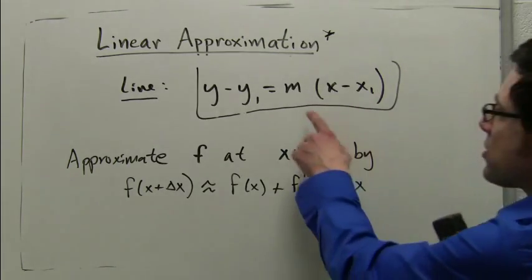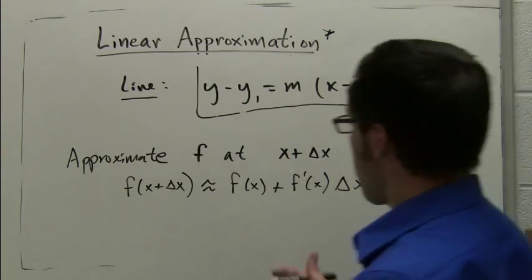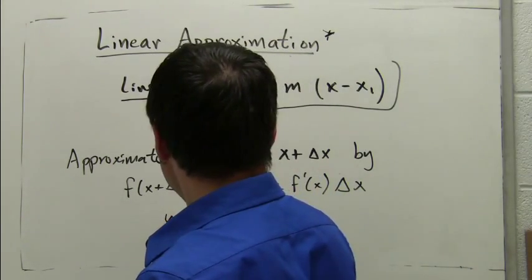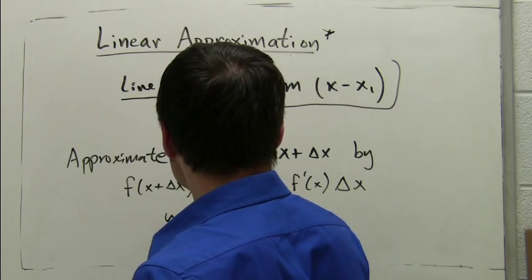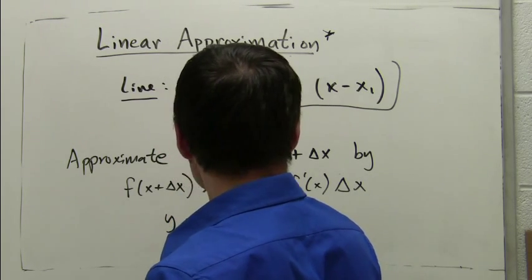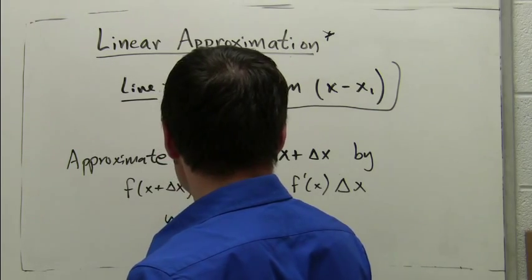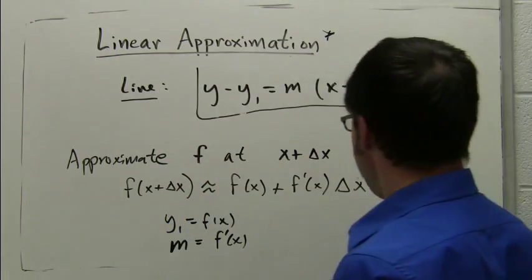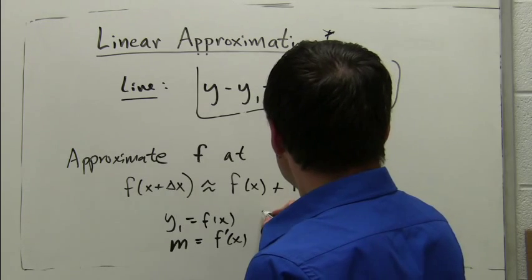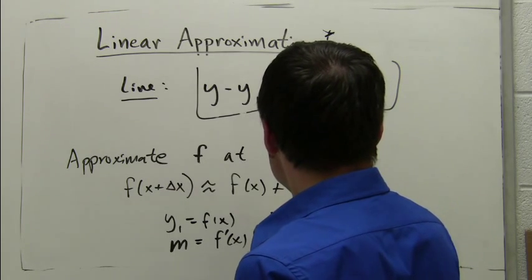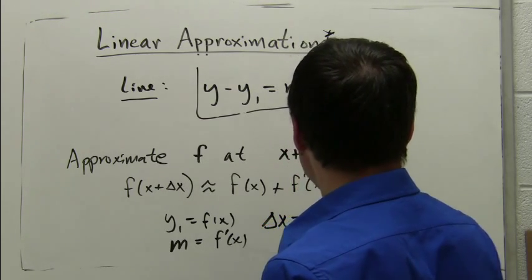And again, keep this equation in your mind where my y1 is f of x. My m is going to be f's derivative at x. And my delta x is equal to x minus x1.